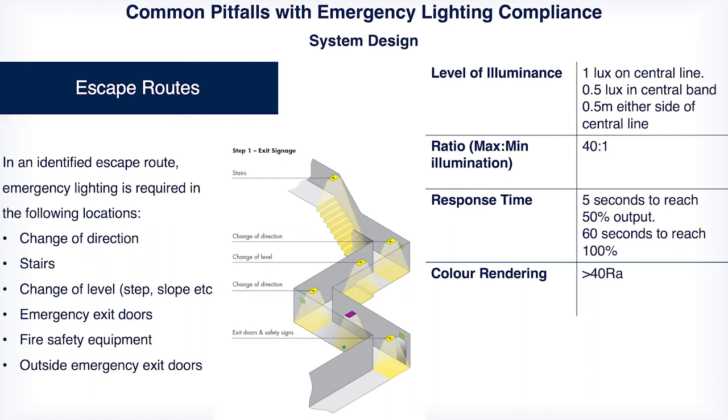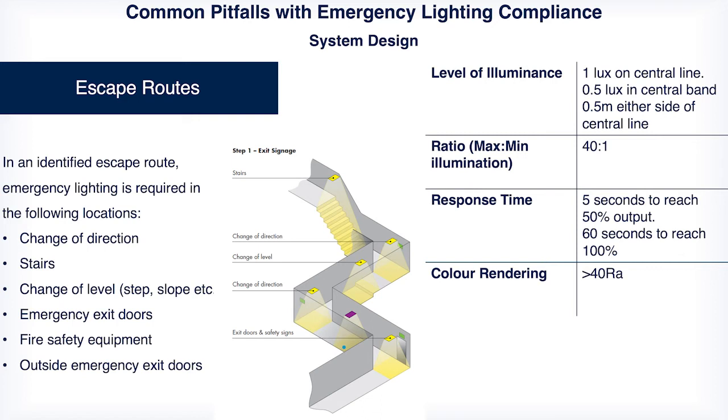Any change of direction must be highlighted with a point of emphasis. Typically this would be a luminaire at that juncture. On the diagram, you can see as you come down that first staircase and the corridor turns to the right, it's critical that that turn of direction receives a point of emphasis from the lighting design perspective. At that point, we would also look for some signage to indicate the change of direction.